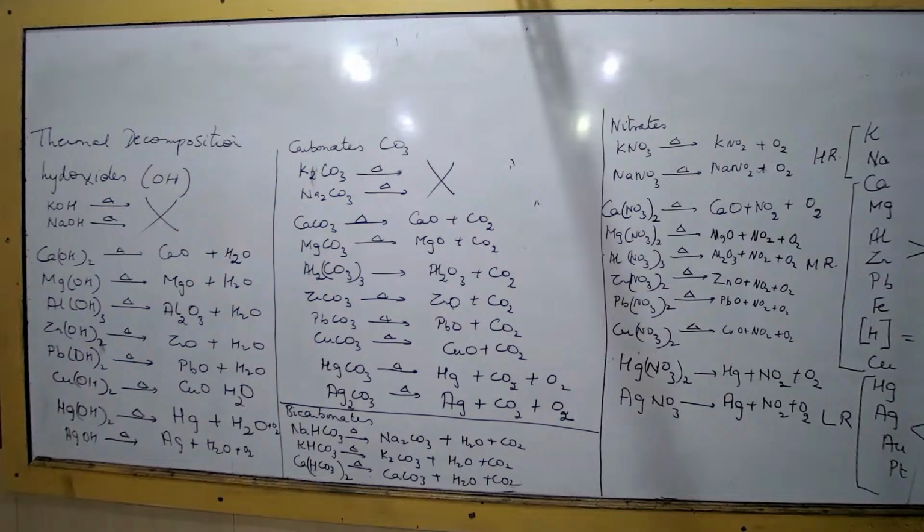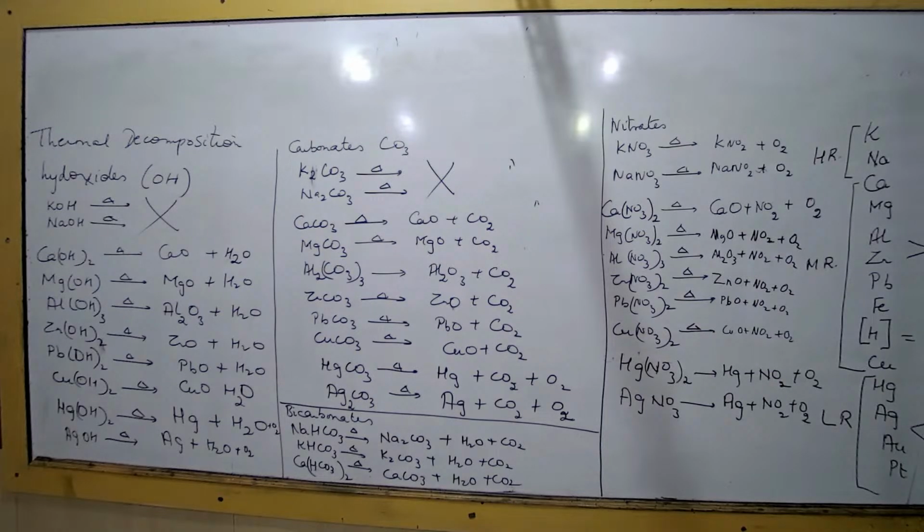When you heat it, you get zinc oxide and carbon dioxide. Carbon dioxide has escaped into the air, it is colorless. Now, zinc oxide from white will turn yellow, but when it is cold, it will come back to white. Yellow when hot, white when cold.